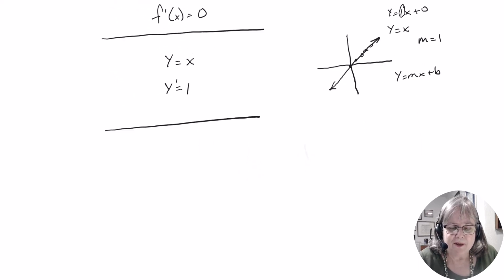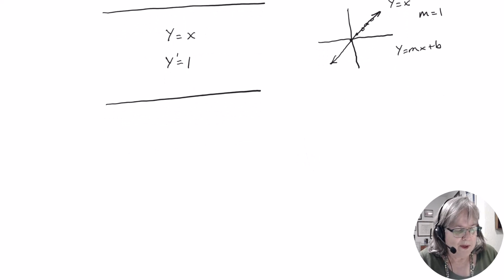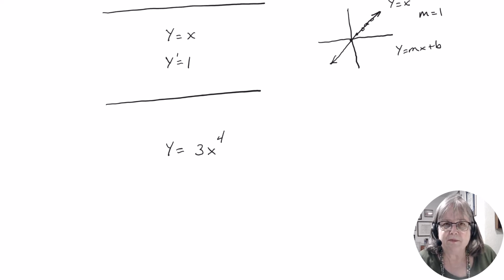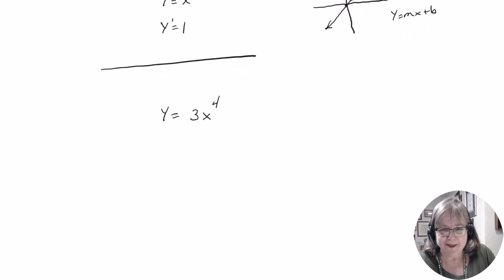Now, let's talk about the power rule as you often see it. If you had something like y is equal to 3x to the 4th, right? So you have a coefficient of 3, a power of 4. There's a very expansive proof for the power rule.